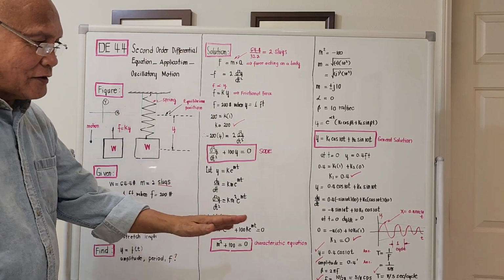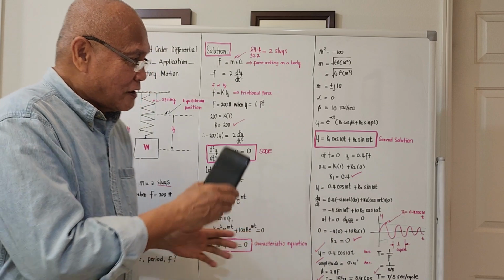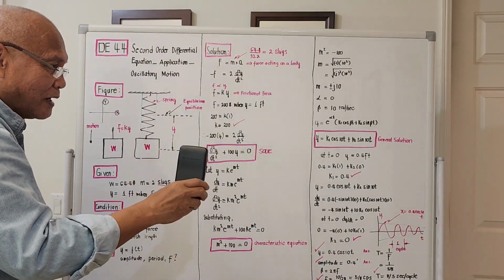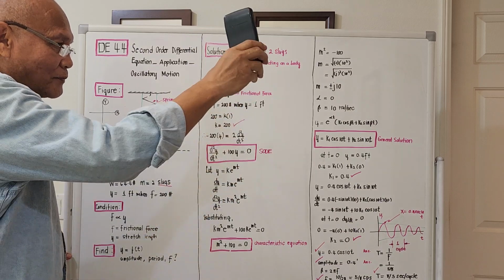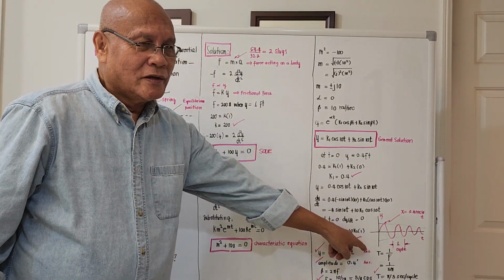So the graph of the summary is something like this. It is an oscillatory motion. It goes up, down, up, down. It is an oscillation.